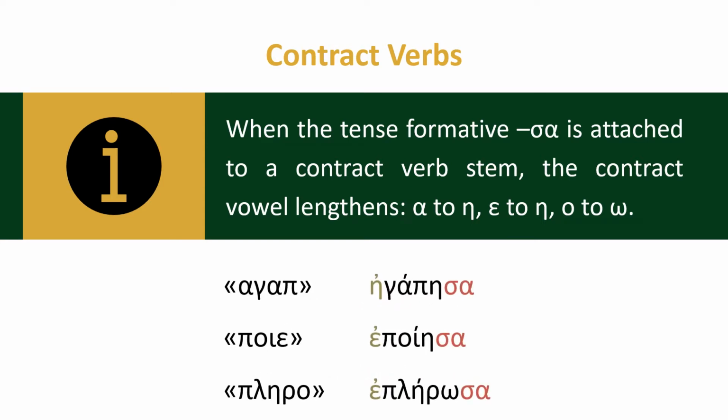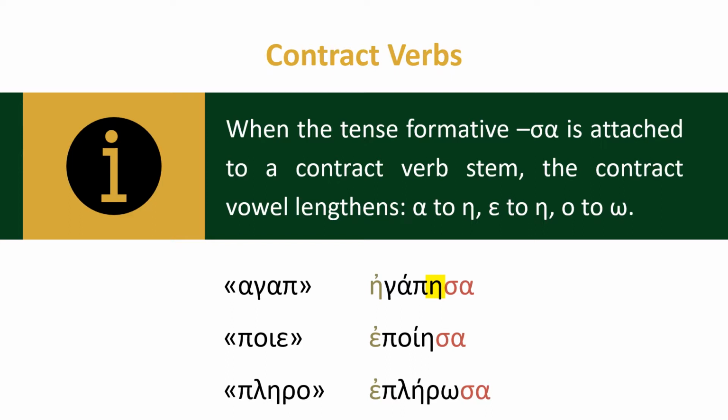First, the root agapa becomes ēgapēsa. You can see the vocalic augment alpha has lengthened to eta. Before the tense formative sa, the contract vowel alpha has lengthened to eta. This gives us ēgapēsa. Second, the root pie becomes epiēsa.